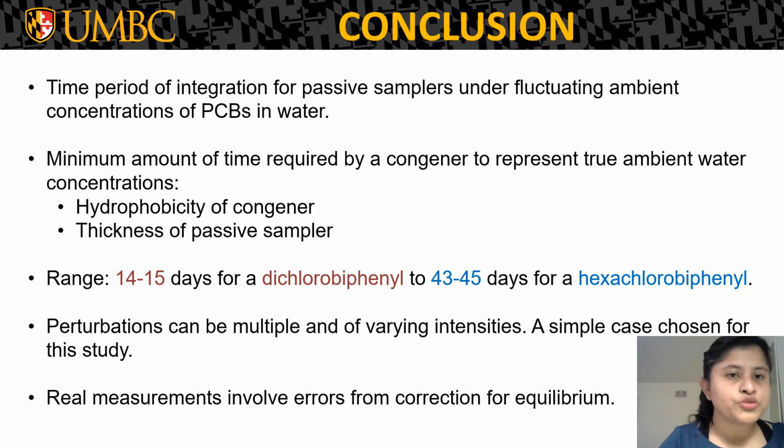So in conclusion, for our study, we looked at an oversimplified version of ambient perturbation in concentration and the effect it has on the time period of integration of various PCB homologues.